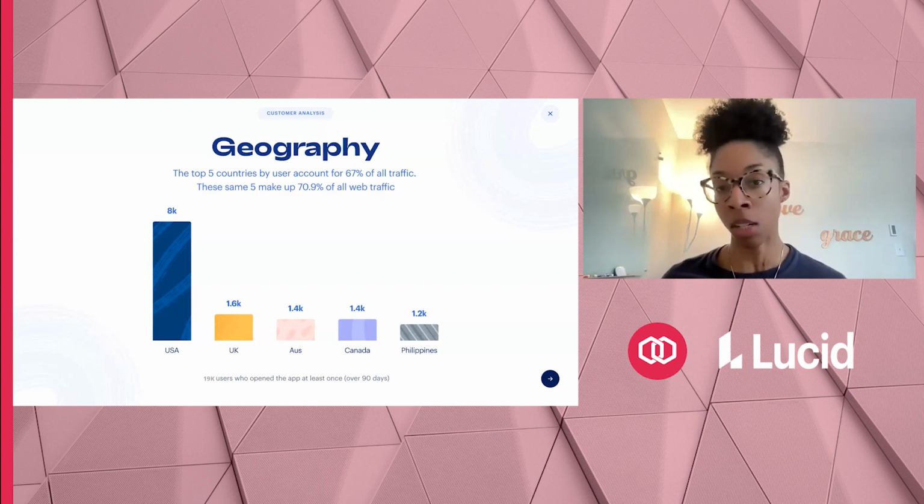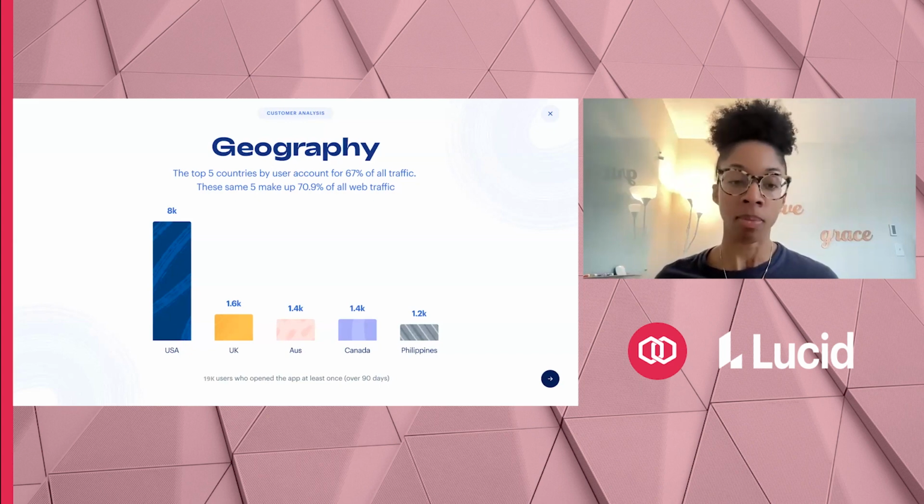But we saw this was essentially the same behaviors that we were seeing on web, where most of our customers were US based, and the next four were literally the same next four as far as population that we would see on web. So this really didn't tell us much. It just confirmed that we were seeing kind of the same usage behaviors across mobile and web.